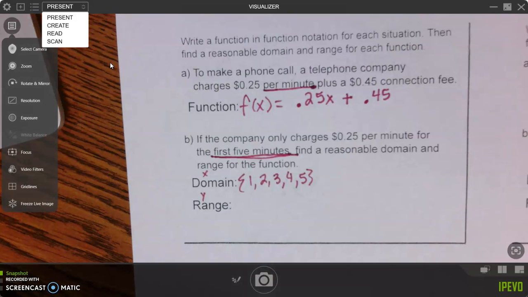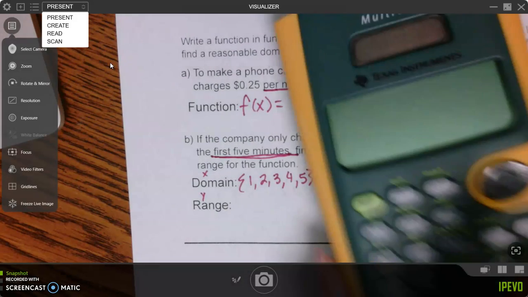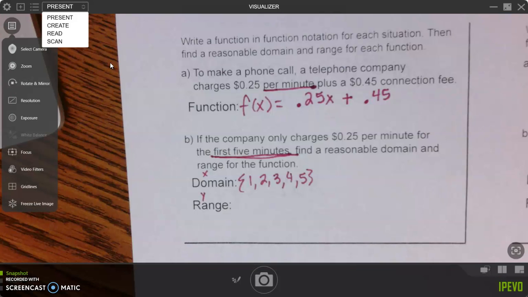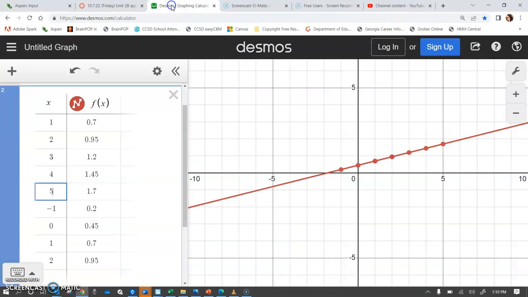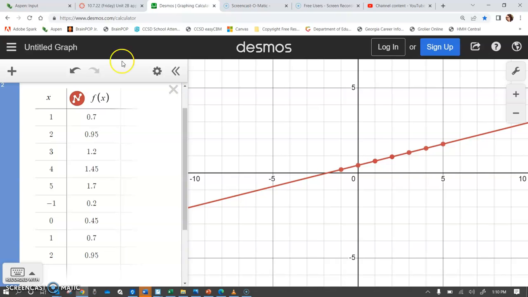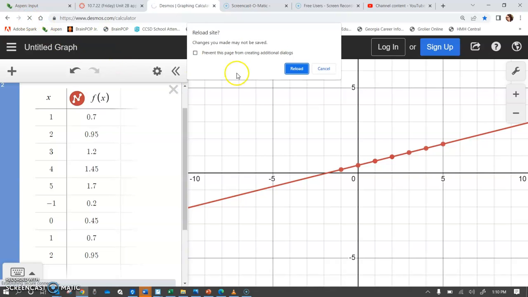But I want to show you, instead of the calculator, how to do this on Desmos, because when you take your EOC, you don't get to use this calculator. You have to use Desmos, and it's built into the test. So I want us to be familiar with that. So if we go to Desmos, I'm just gonna clear out what I have.